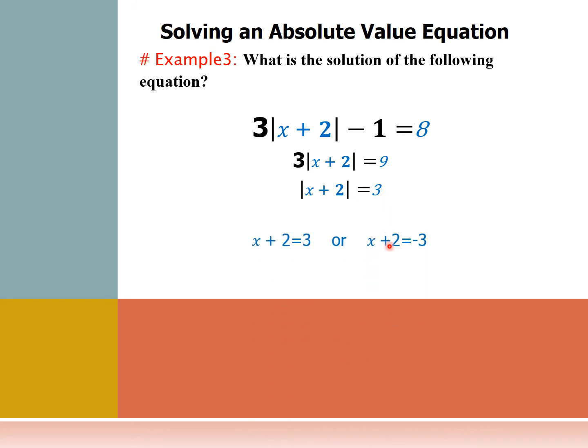We have two linear equations, minus 2 here and minus 2 here. So x is equal to 3 minus 2, which is 1. And here we have minus 3 minus 2, which is minus 5. So we will get x is equal to 1, or x is equal to minus 5.